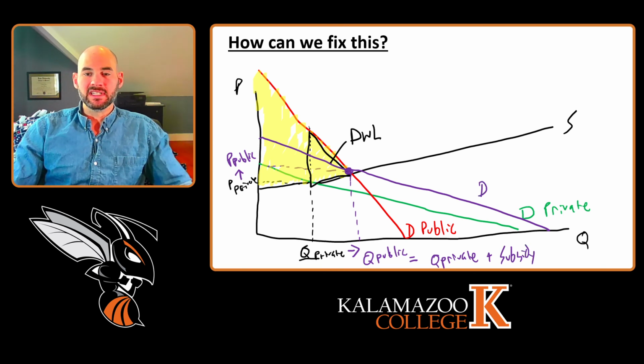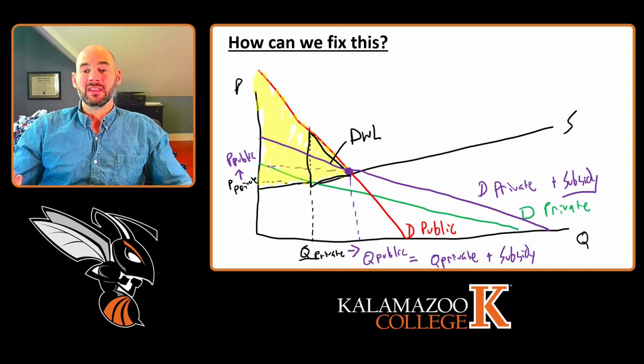So this D is going to be D private plus subsidy. And so just paying biomedical researchers a little bit more to help finance the research and development of pharmaceuticals may provide this market equilibrium optimal condition for all of us. So that's one solution to this problem.